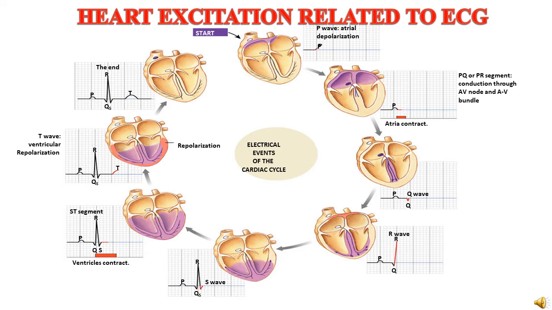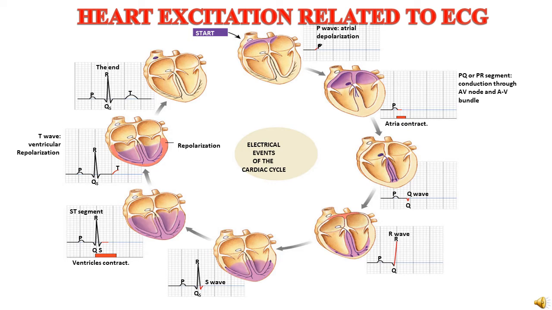Now moving on to the fourth part of the diagram, the impulse is moving from the middle of the ventricles towards the muscles of the heart, in which the R wave is generated.